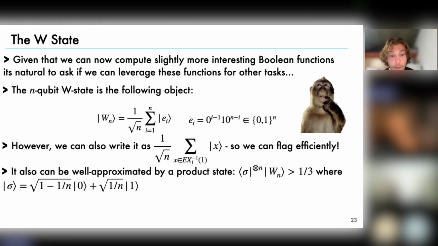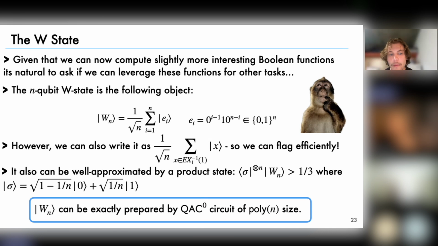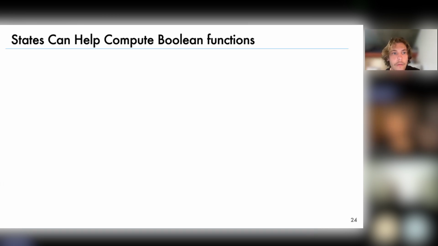From here, we can exactly prepare the W state by a polynomial-size QAC0 circuit. And the W state is not just an interesting state from a physical perspective. I'm now going to show that this state is useful for computing even harder, even more interesting Boolean functions.